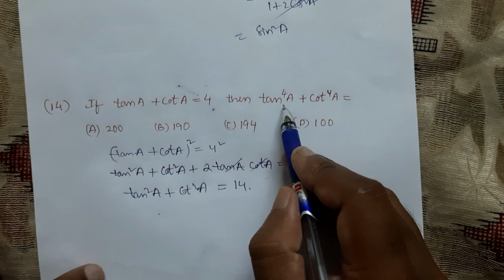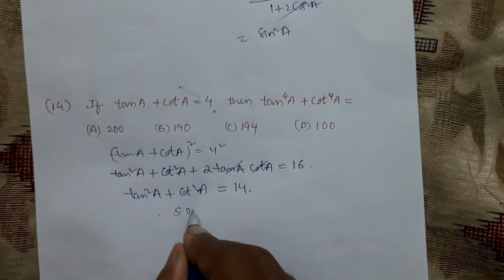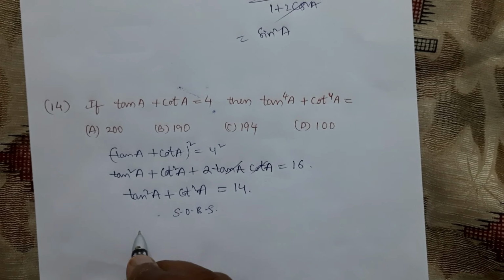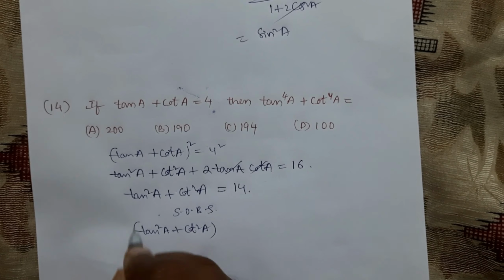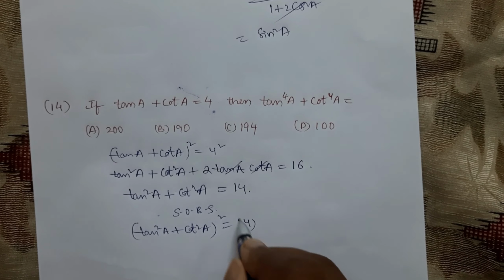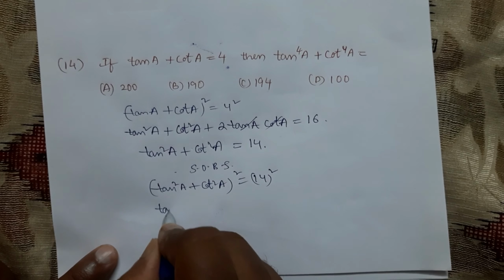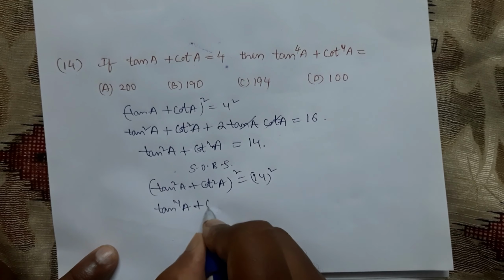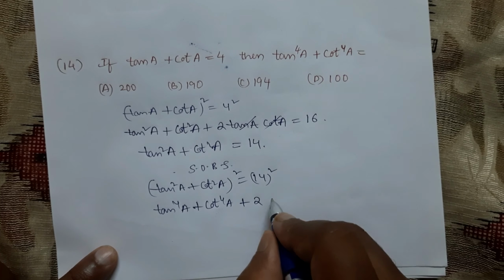But we need tan power 4a plus cot power 4a. Now again do squaring on both sides. So here we will get tan square a plus cot square a whole square, which is equal to 14 square. Now again a plus b whole square gives tan power 4a plus cot power 4a plus 2 only.